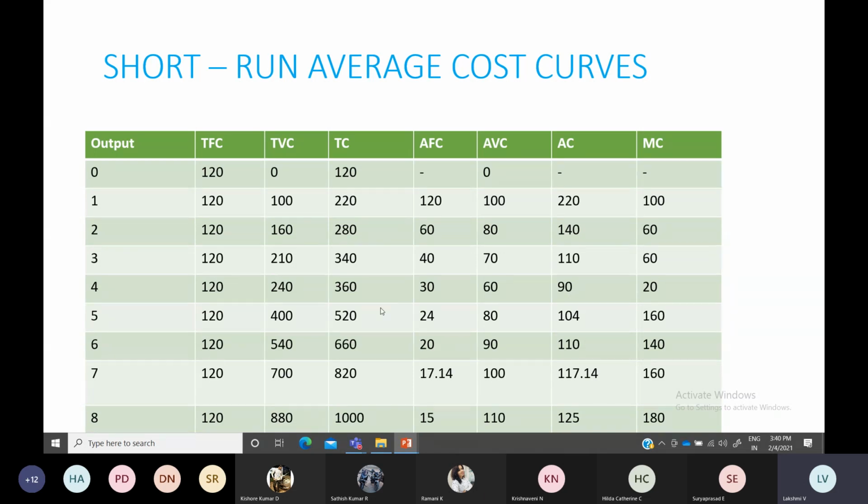Just as with average variable cost, average cost will also be the same way, decreasing and then again starting to increase. Similarly, it starts to increase after a point due to the reaction of the variable cost.